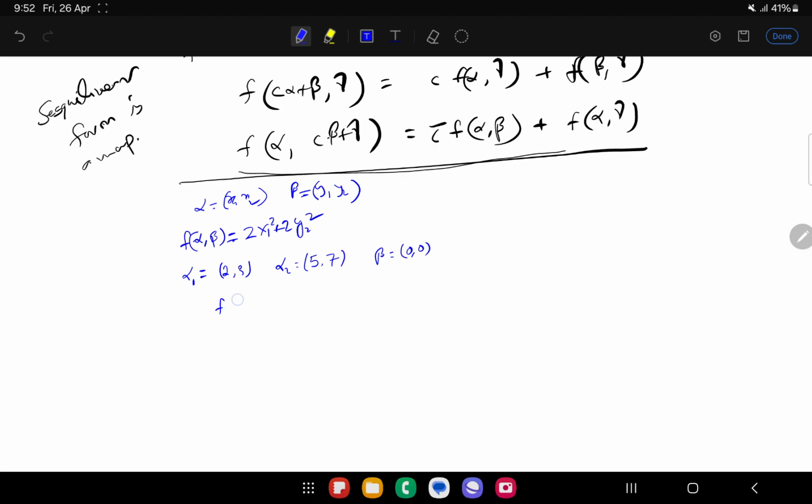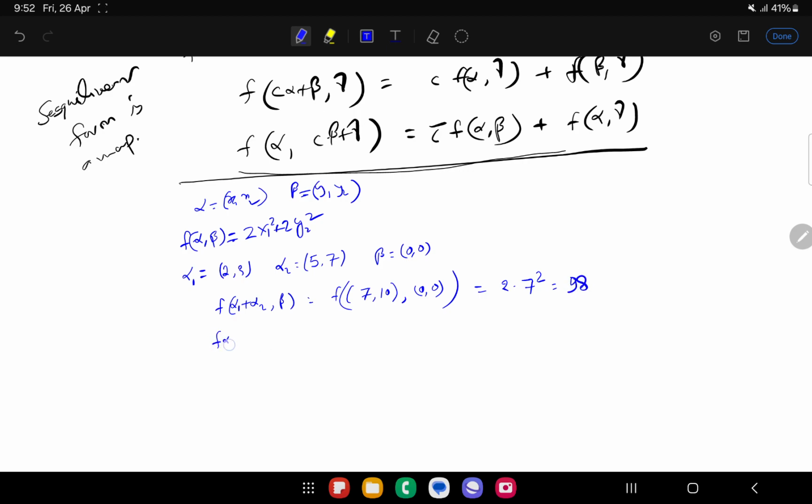So f of (alpha 1 plus alpha 2, beta) will become f of ((2+5), (7+10)) comma (0, 0), and this is 2 into 7 square, which means 98.